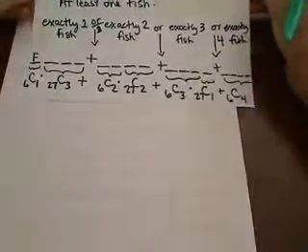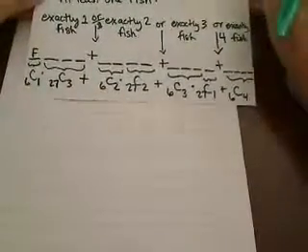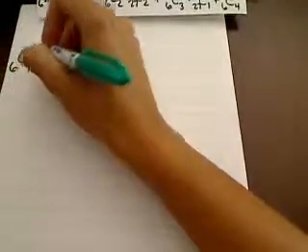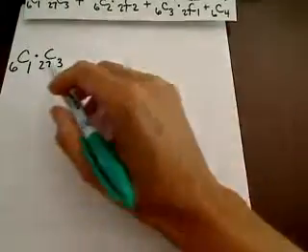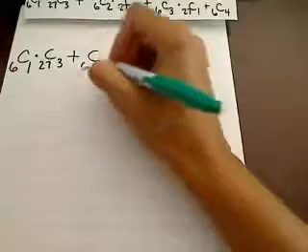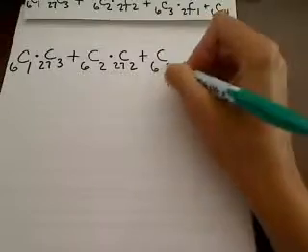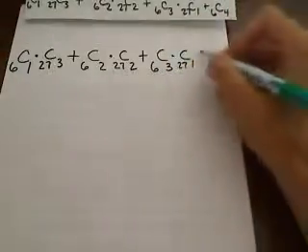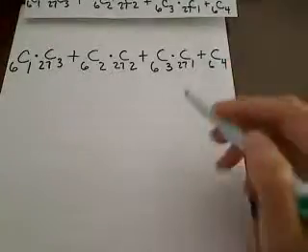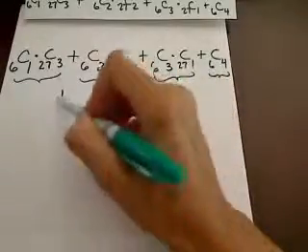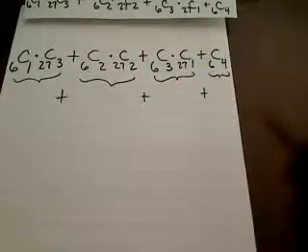I'm not going to go through and do the calculations there. You can just use your calculator to calculate each of these. I'm going to write it a little bigger so we can see what's going on here. So this is a combination of 6 taken 1 times a combination of 27 taken 3. You're going to actually do each of these, and then you can add the results together.